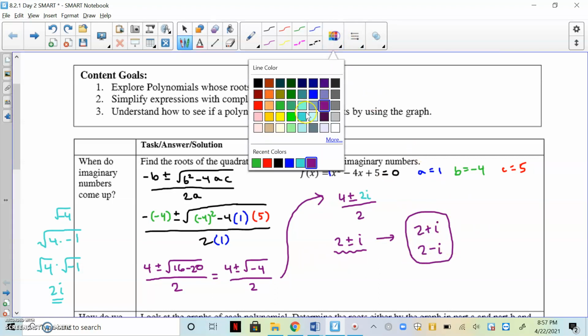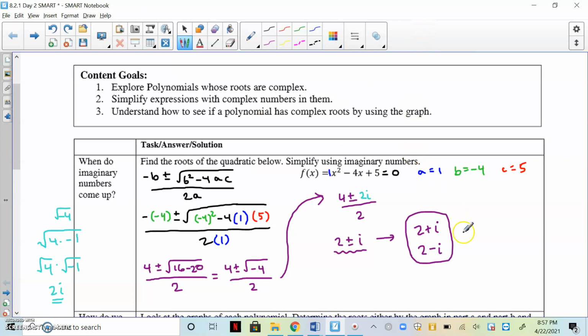Something I do want to point out that does show up on my open math, so I want to make sure I talk about it, is the format of imaginary numbers. If you look at how I have written this 2 plus i, 2 minus i, it's in this a plus bi format, where a is just some regular number and b is basically the coefficient with the i.